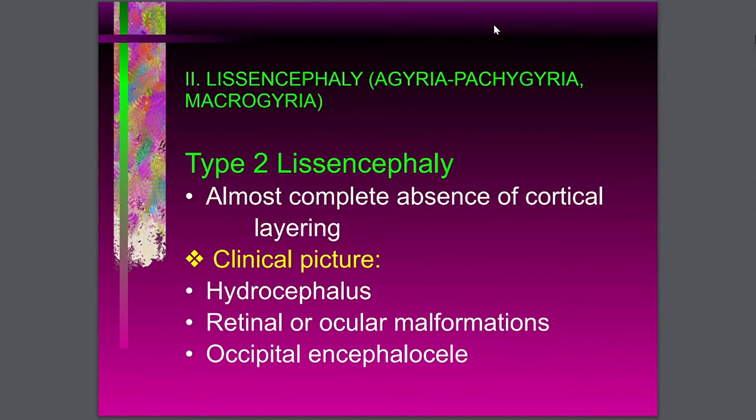So clinical picture may be hydrocephalus, there is associated hydrocephalus. There are retinal or ocular malformations, and there may be an associated occipital encephalocele. So type 1 lissencephaly, microcephaly, while type 2 lissencephaly, it's more of hydrocephalus, no? Okay, next slide, please.